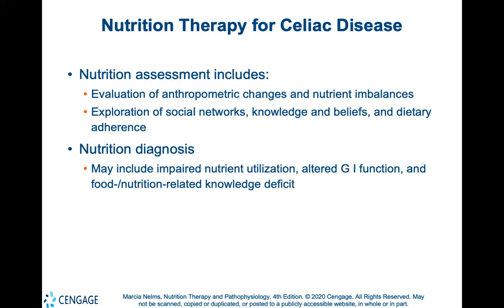So the nutrition therapy for celiac disease: nutrition assessment includes evaluation of anthropometric changes and nutrient imbalances. Nutrition diagnosis may include impaired nutrient utilization, altered GI function, and food and nutrition related knowledge deficit.